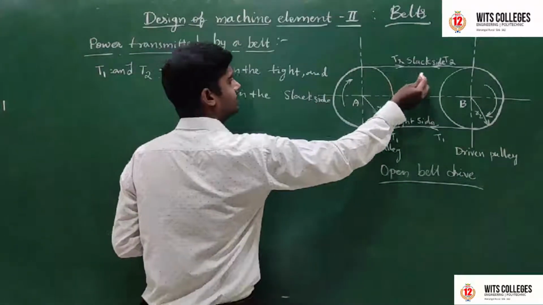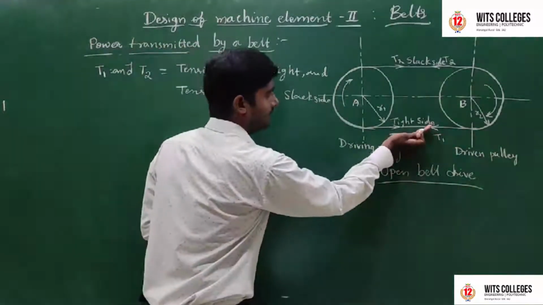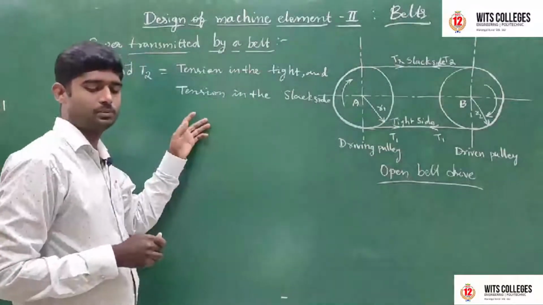This is the tight side, this is the slack side. T1 is the tension in the tight side, T2 is the tension in the slack side. These two are tensions.